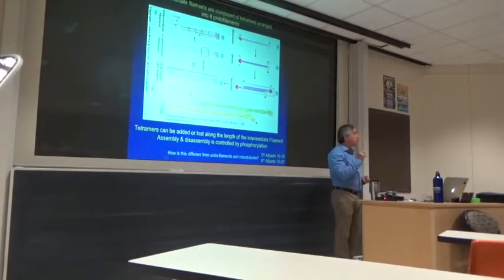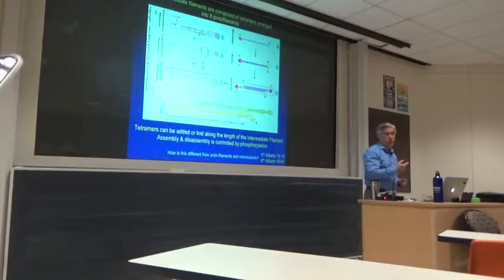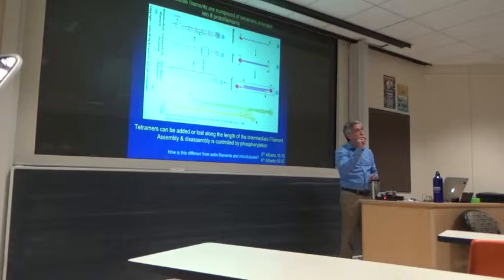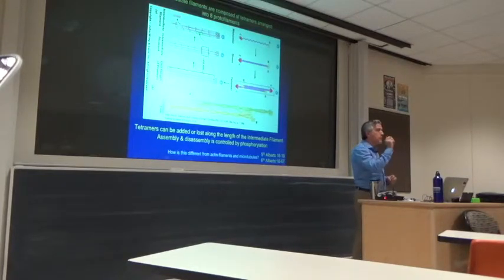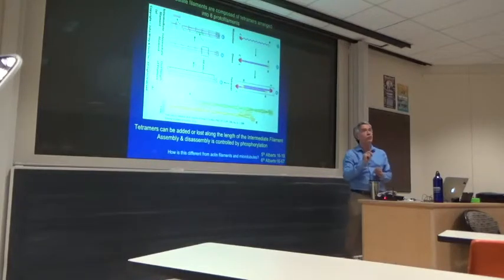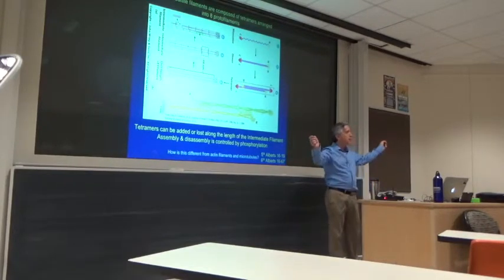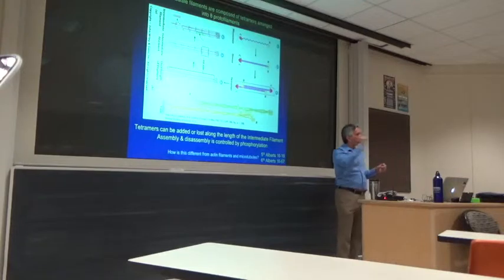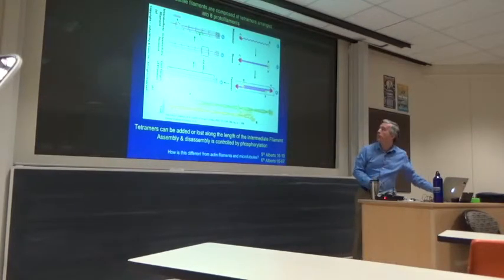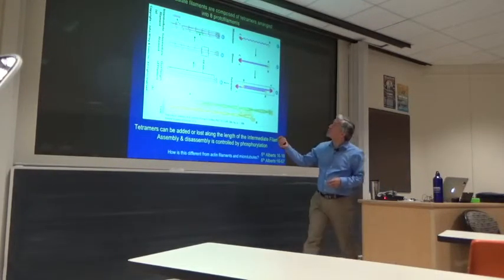One more strange thing about intermediate filaments compared to actin. With actin, we said that actin subunits could only be added at the ends, never in the middle. You could not add or lose subunits from the middle. That's not true for intermediate filaments. With intermediate filaments, you can add them at the ends, you can add them in the middle, you can remove them from the middle as well. And that's what's illustrated here.